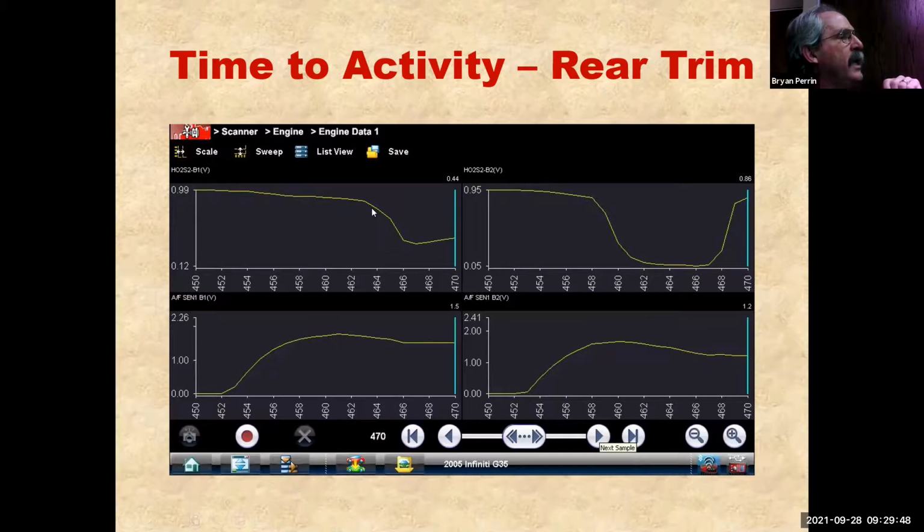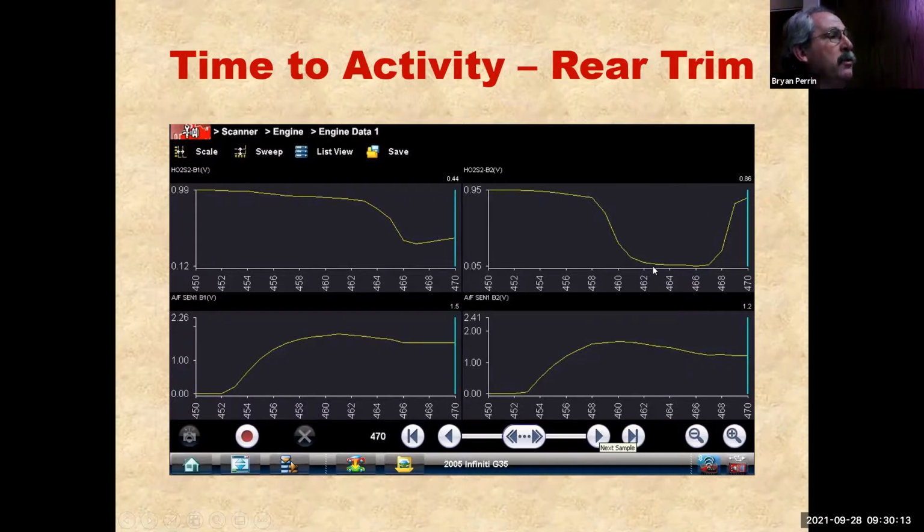And we can see that as this comes down, and I have this frame here and this frame here, what happens? Right here is where this flat lines. Same thing here. As this is coming over, as this starts to go up finally, that's where we flatline. It's looking at the rear sensor. It's going to add fuel until the rear sensor voltage starts to climb, meaning it's looking at the rear sensor.